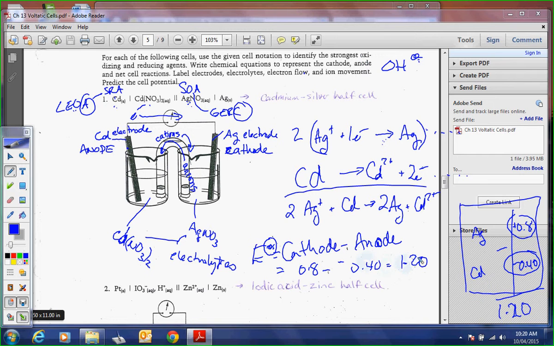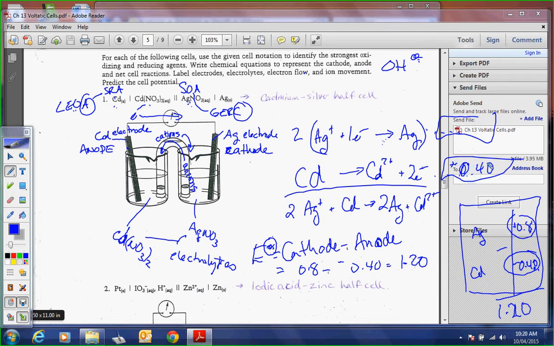Everybody get that? Now, if you chose to write the numbers beside here, you would have flipped this one. Let me just go back to the data booklet and have a look. Yeah, you would have flipped this one. So this one would have been positive 0.40.